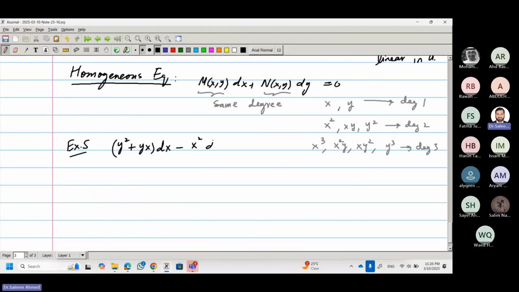So you see both the functions m and n. This is your m function, this is your n function. They all have degree 2. You see, all terms have degree 2, same degree, right? So it means that the given equation is homogeneous. So therefore, the equation is a homogeneous equation.